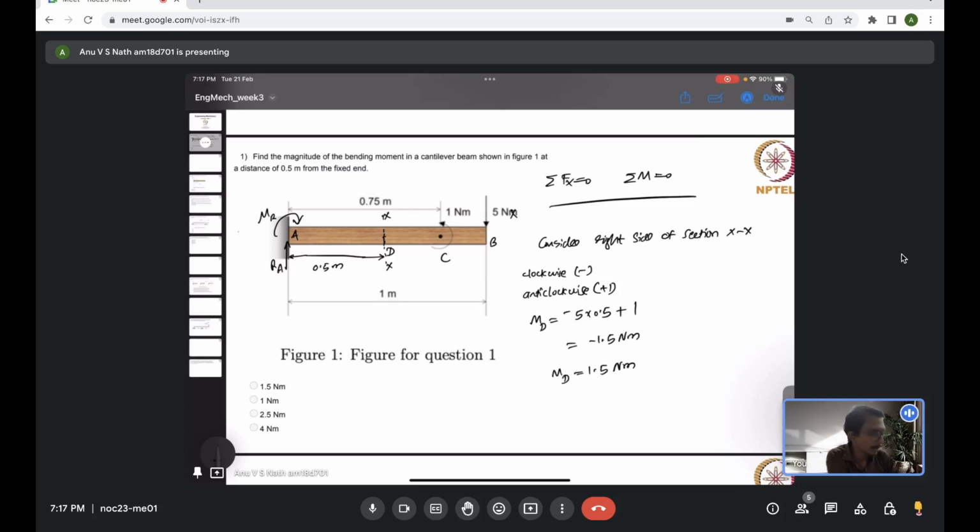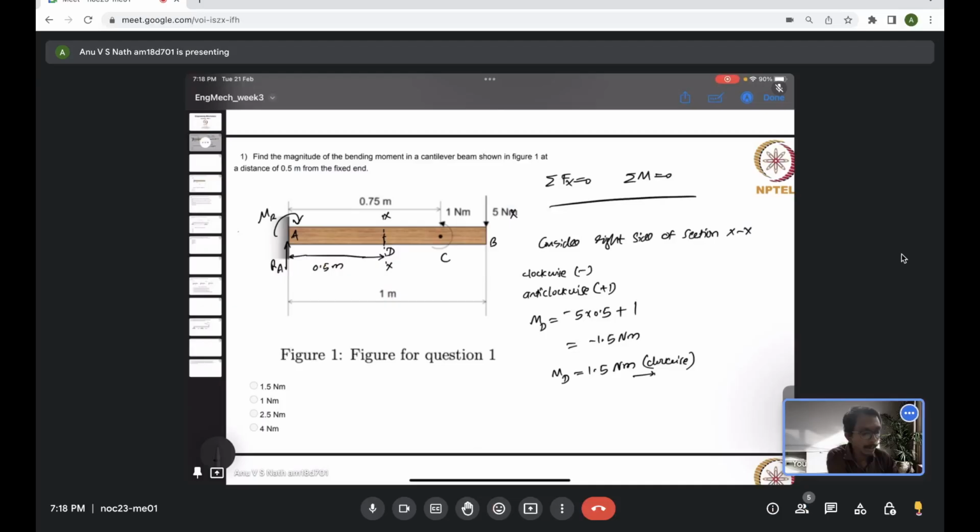Now we'll see what the convention means. Negative is actually clockwise, so we can say it's a clockwise moment if you consider the right hand side section. If you are considering the left hand side, we will find that the moment at location D will be 1.5 Newton meter in the counterclockwise direction.